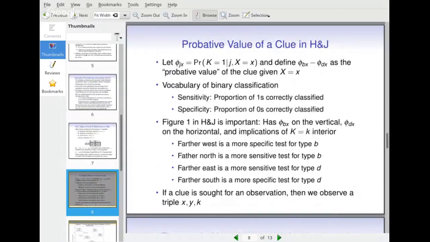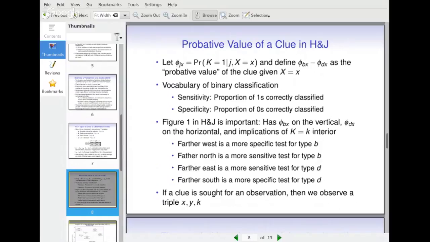Okay. So the next idea we need to talk about is the so-called probative value of a clue. This is a term of art in the qualitative research literature. But let's imagine this thing phi, which is indexed by J and by X. Conceptually, this is the probability that the clue variable is 1. Again, the K is also binary.